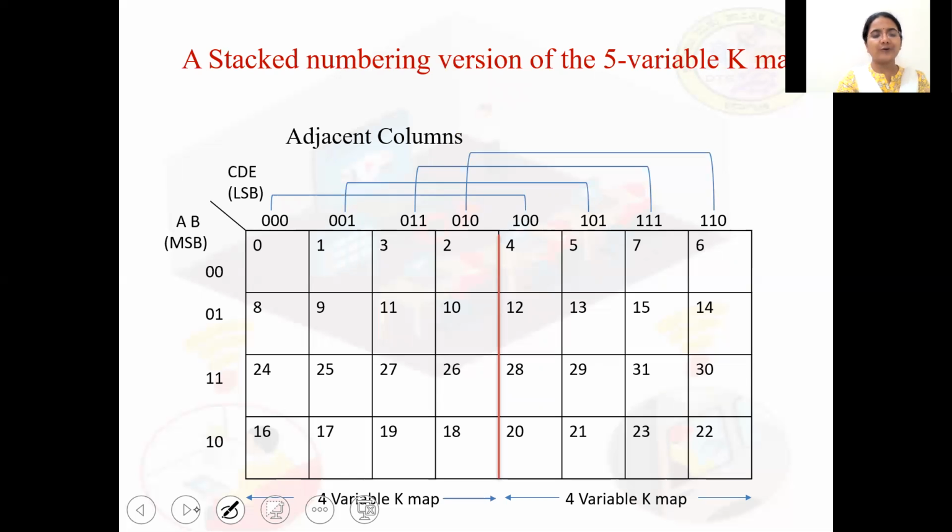And here we have to number like this: 0, 1, 2, 3, 4, 5, 6, 7. Since the right half of the key map is sliding over the left half, when we place this key map 4, 5, 7, 6, 12, 13, 15, 14, 28, 29, 30, 31, 20, 21, 22, 23 on the left half of the key map, we can visualize it as a stacked version.